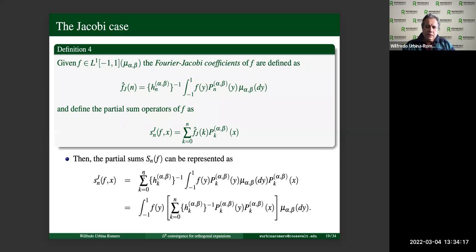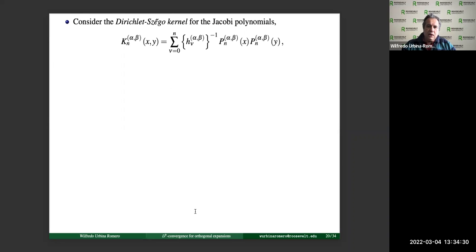You take the integral outside and put the sum inside, and then this is what you get. And the question is, what can you say in this case? Well, luckily for us, this is known.